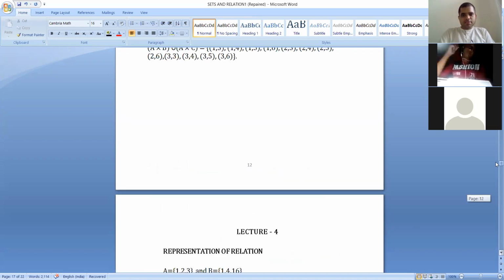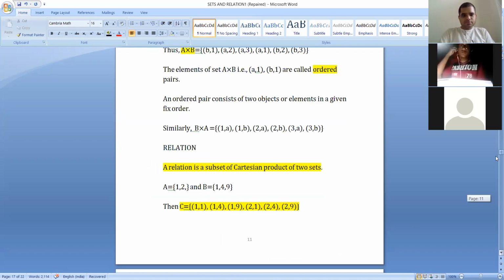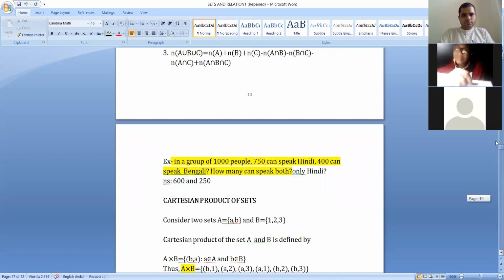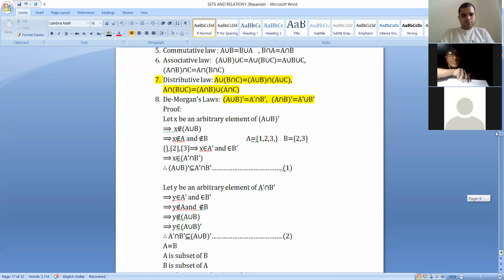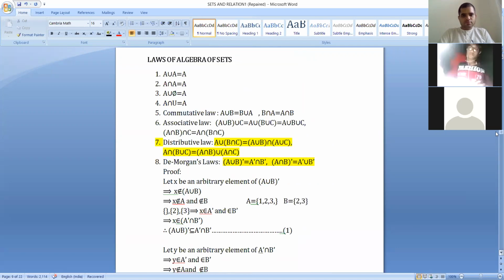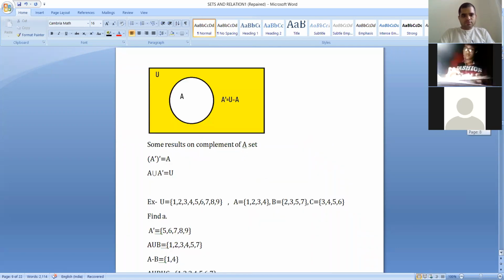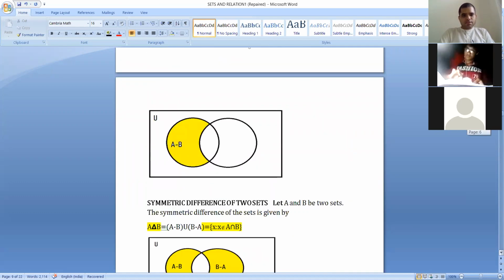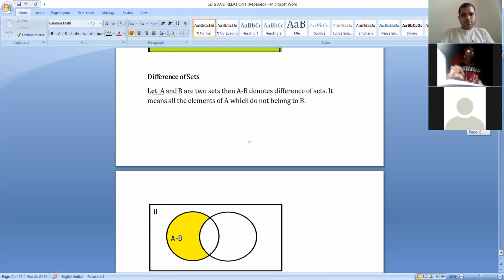What is the power set? It is the set of all the subsets of any set.